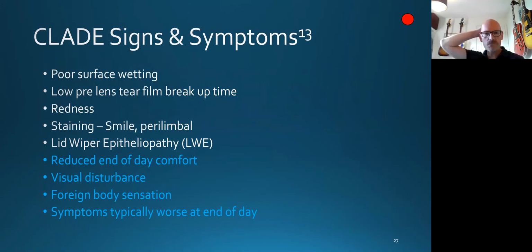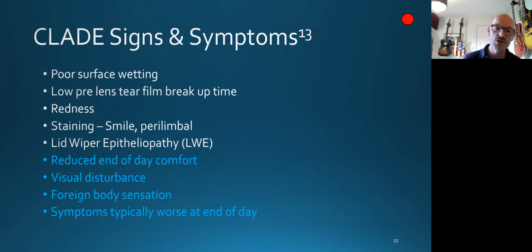So signs and symptoms. Now, I introduced another bit of color coding here because if we look at the top here, which is our signs, poor surface wetting, low pre-lens tear film breakup time and so forth, redness, staining, lid wiper epitheliopathy, these are our signs. And these are off limits at the moment. We can't go to our slit lamp and look for these. So we need to focus our attention on our history and symptoms to make sure that they're as effective as possible.